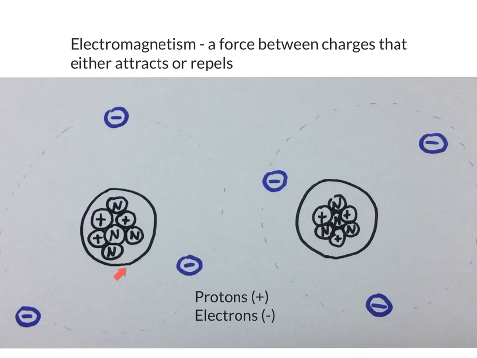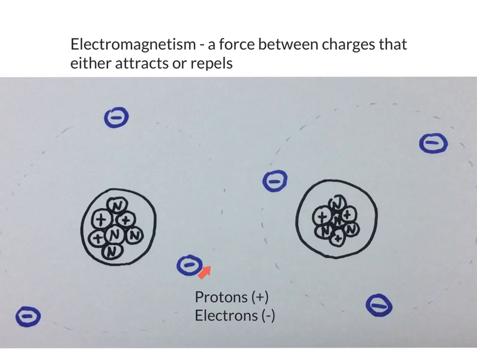Then we also have not only the force that holds the atom together, but another force that pushes atoms apart. You'll notice that if this negatively charged electron comes near this negatively charged electron from the other atom, there could actually be a repulsive force, and they could push apart.